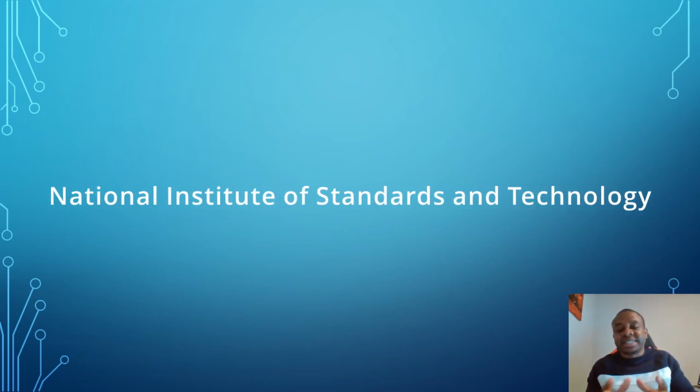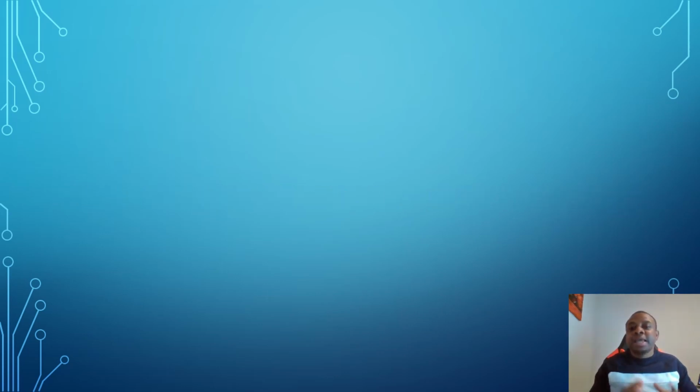Now, NIST. NIST is the National Institute of Standards and Technology. NIST is responsible for developing information security standards and guidelines, including minimum security requirements for federal information systems. Now I'm going to explain these three. Let's say FISMA is on my left hand side, right? FISMA is the regulatory body that is telling the federal government agencies to secure their information systems.